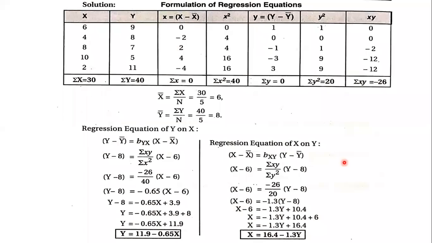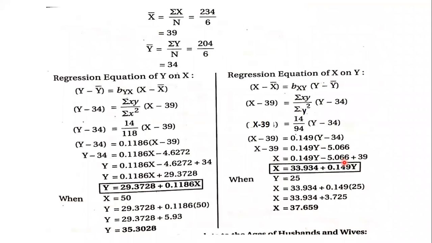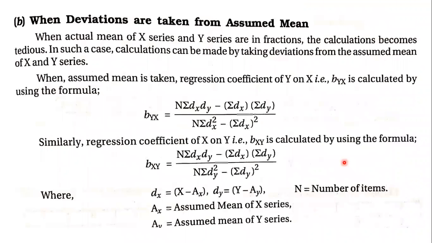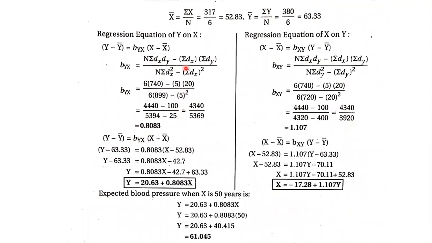But when it comes to assumed mean, the formula for this byx is a little big. Okay, so first we will separately calculate the byx and bxy, and then we will apply it into the same regression equation. Are you all able to follow?